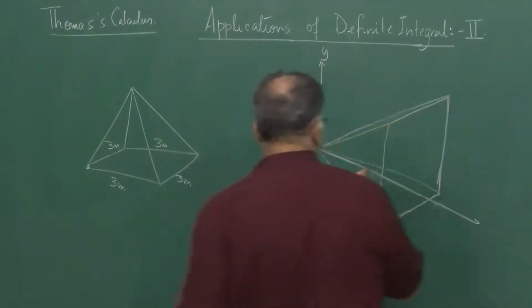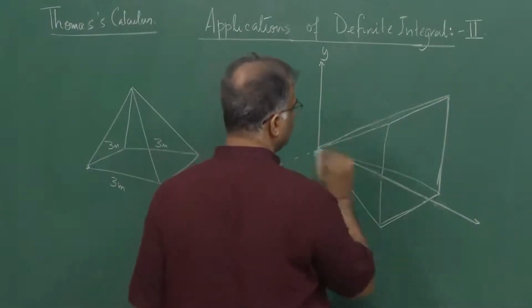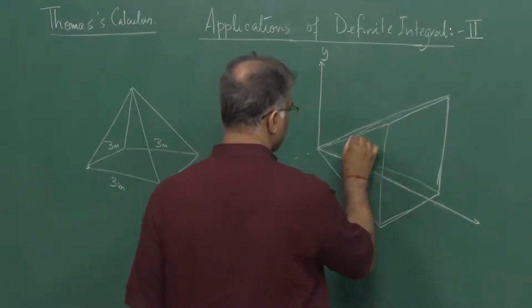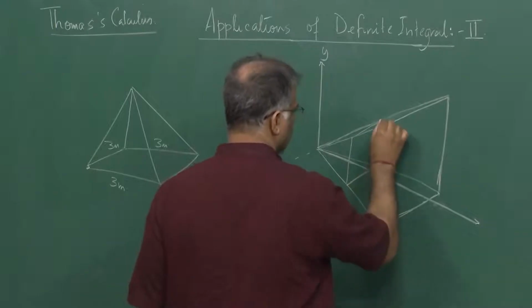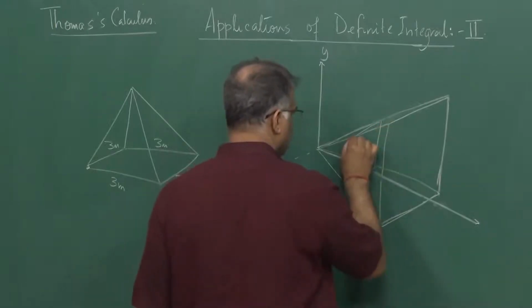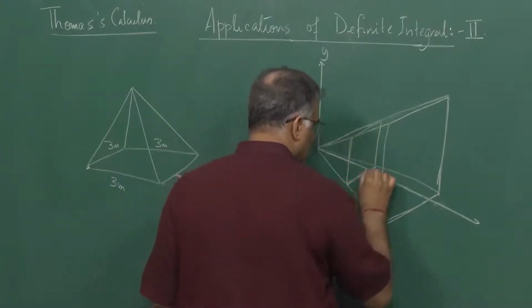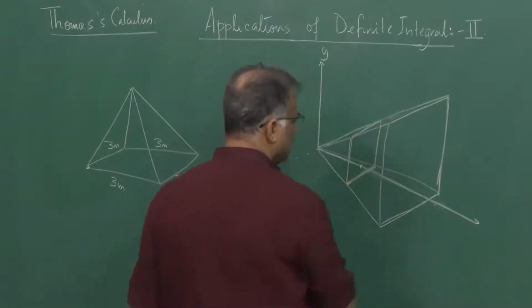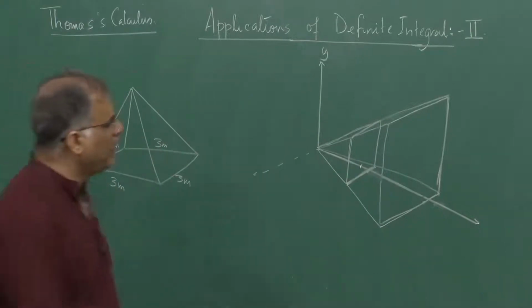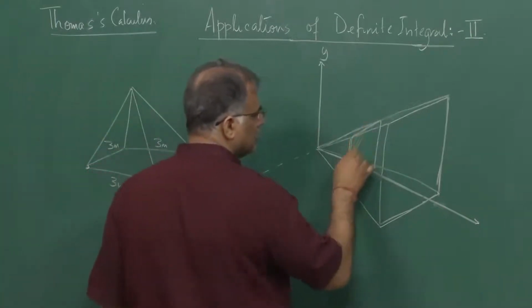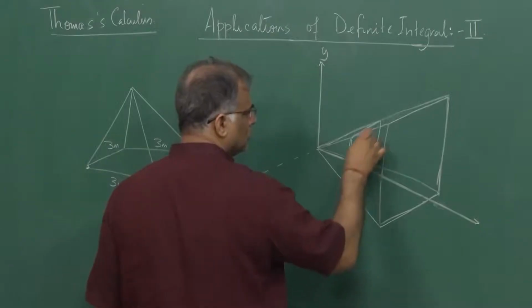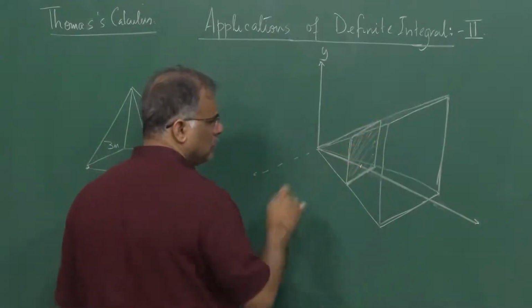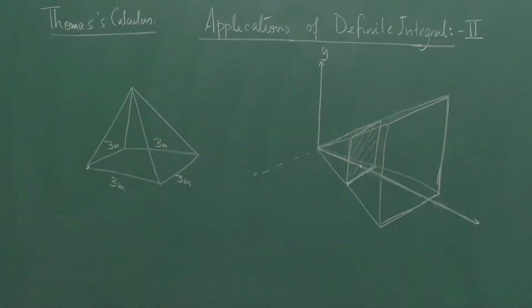So, one of these chopped up zones at a point x, you call A of x, and you want to find the area of this. Right. So, what is the volume?